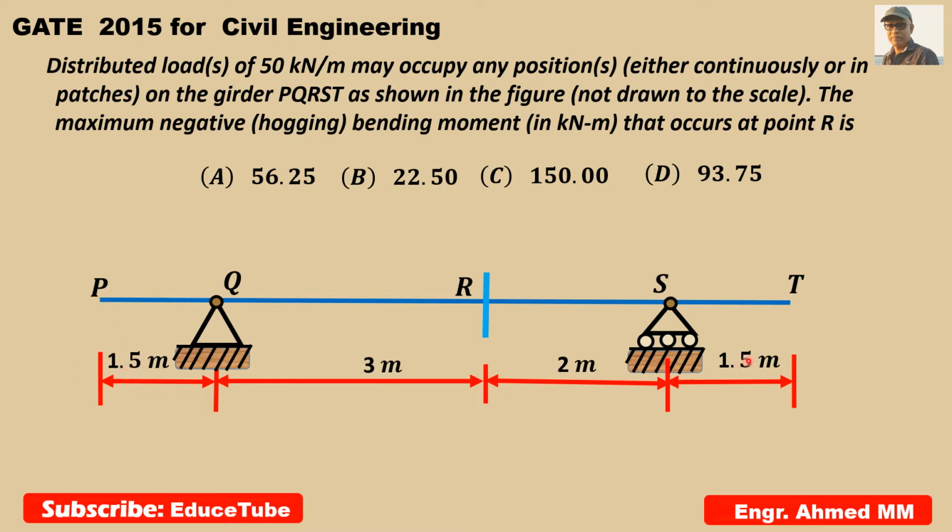It is 1.5 meter, 1.5 meter, and in between these two supports, it is not at the midpoint. It is actually from here 3 meter, from S support it is 2 meter. So we have to consider this distance. So let's move ahead to see how to solve this problem.